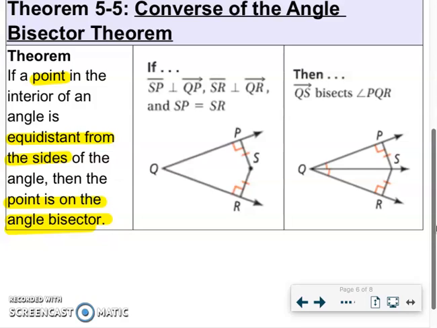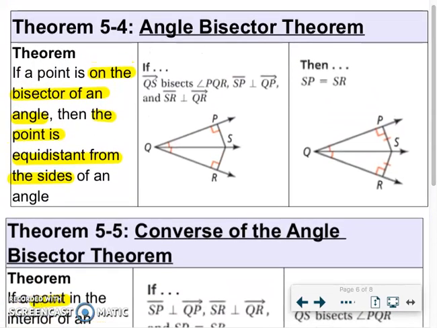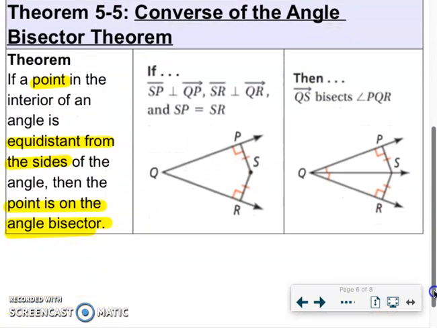Let me explain what that is saying, both the angle bisector theorem and its converse. If you see that this point S is on an angle bisector, so we see down here the angles are marked as congruent, S then is equidistant from the sides of the angle, meaning the distance between S and P should equal the distance between S and R. And vice versa, if we see this situation, S, which is equidistant from the sides, remember the distance between S and the sides of the angle is the perpendicular distance.